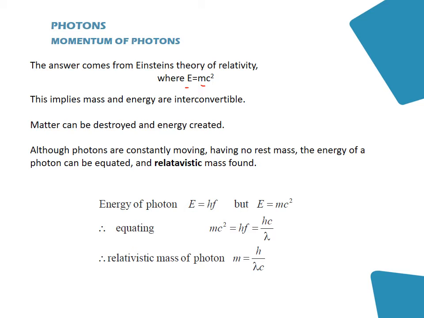So although photons are constantly moving and have no rest mass, the energy of a photon can be equated and something called a relativistic mass found. So what its mass would be if it did happen to be at rest, although we know that can't happen because they're constantly moving. So for the purpose of mathematics and trying to equate formulas, we assign it something called a relativistic mass.